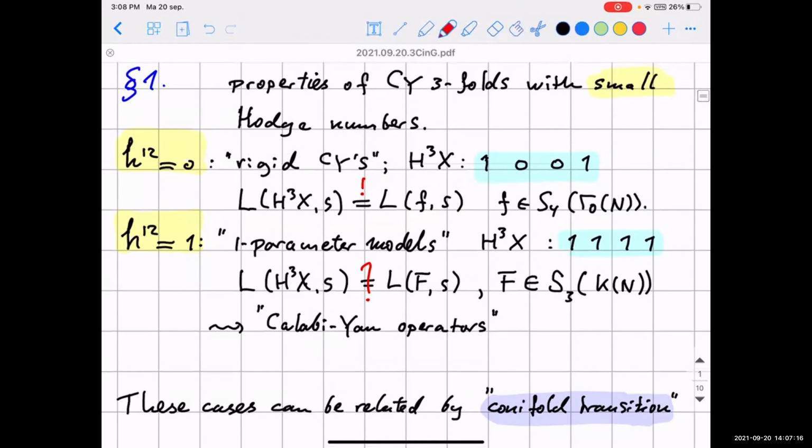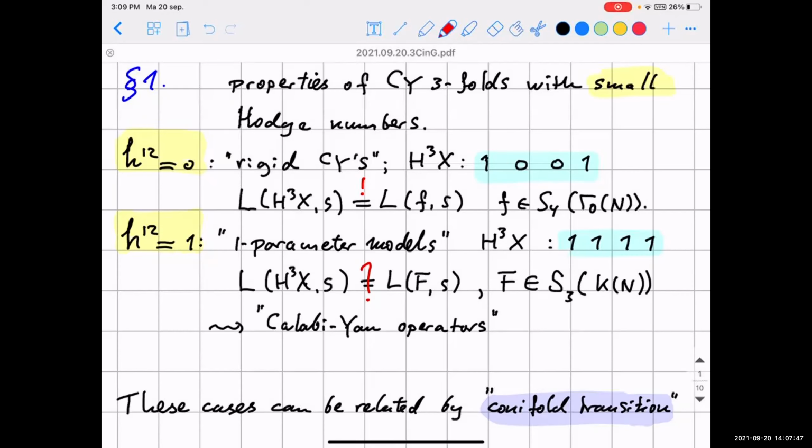The second part of my interest is Calabi-Yau manifolds where H12 is one-dimensional, so these vary in one-dimensional moduli. And the Hodge structure is of rank 4, and all Hodge numbers are 1, and such Hodge structures can move in a one-parameter family, but we're outside the domain of the classical period domains.